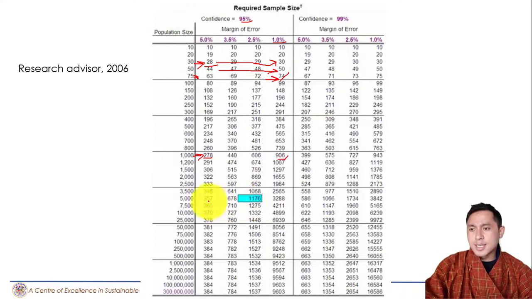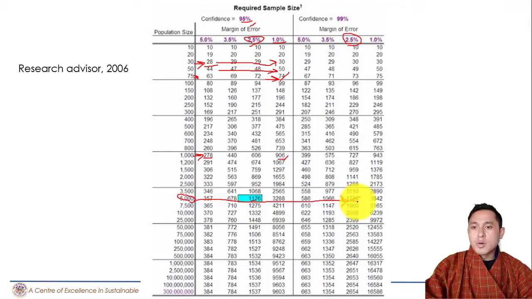Let us say that the population is 5000 and the margin of error that you need is 2.5% at 95% confidence interval. Then you need to take around 1176 people. But let us look at the same thing here: 5000 is the population and the margin of error is 2.5%.